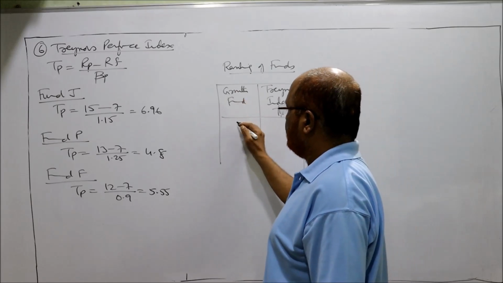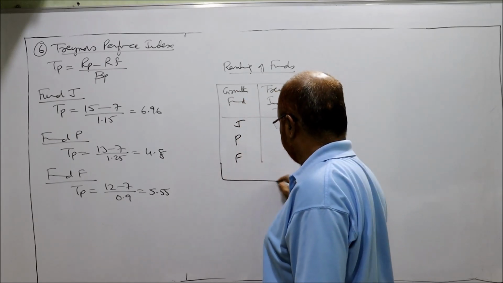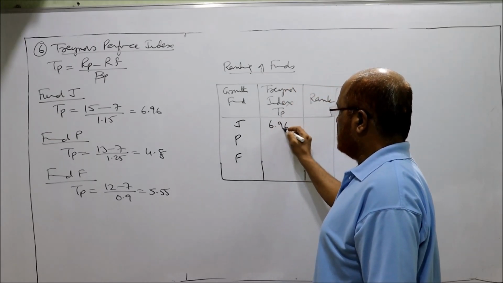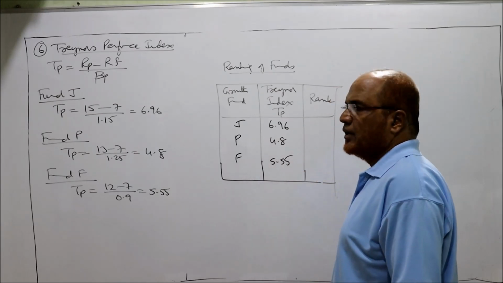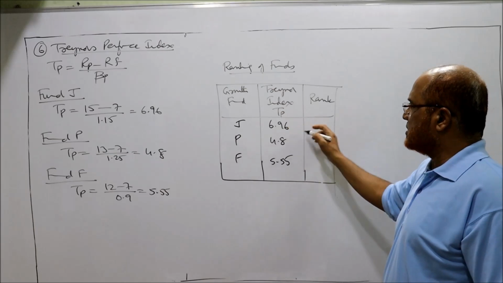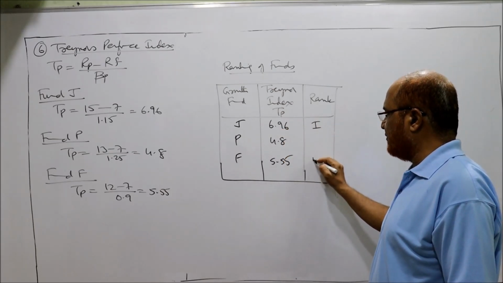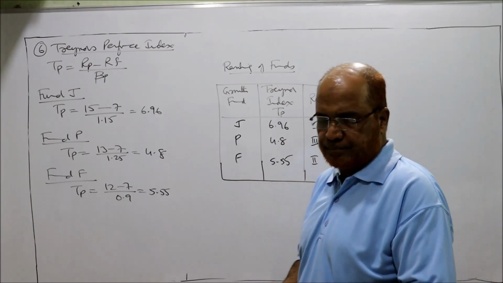So growth funds J, P, F: it is 6.96, 4.8 and 5.55. What is the highest index? 6.96, first rank. Below this 6.96, 5.55, second rank. 4.8, third rank. That's it.